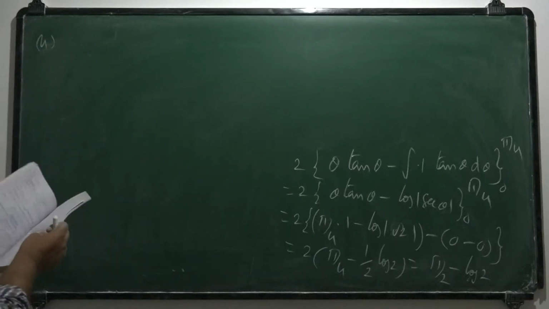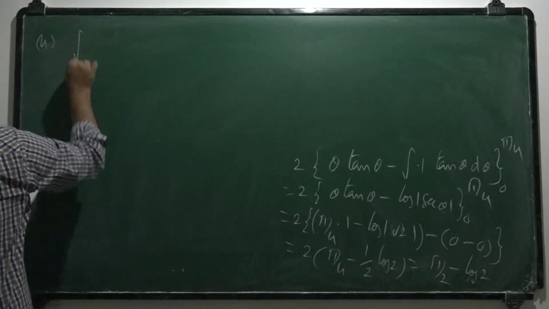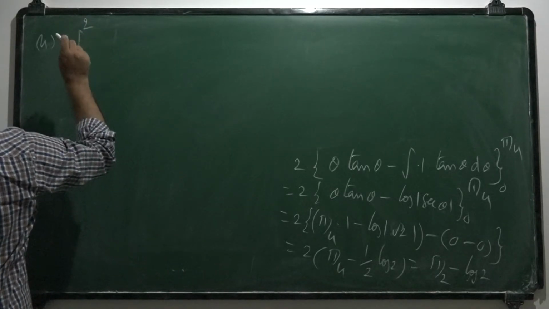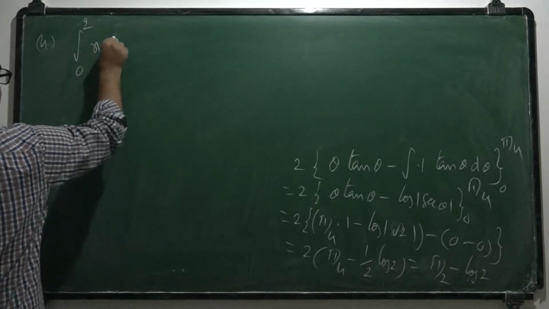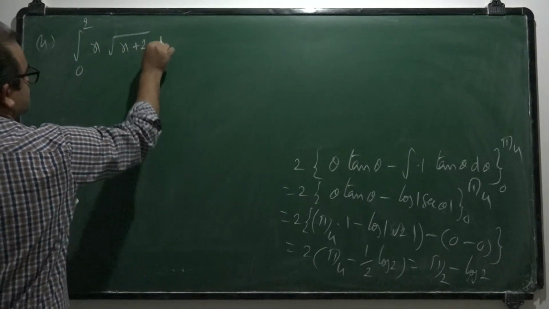Next, fourth one, integral 0 to 2 x into root of x plus 2 into dx.